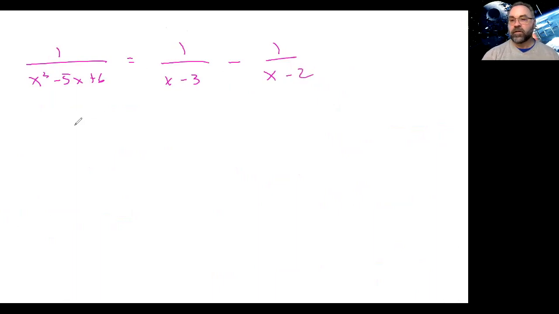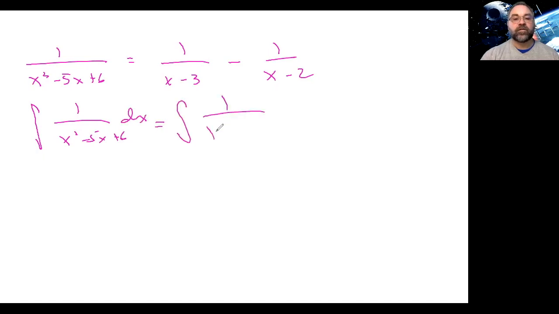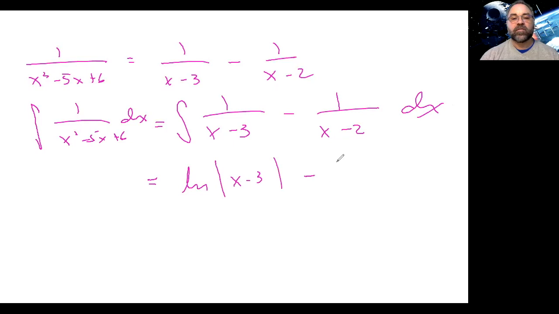Wouldn't that be a lot easier to integrate? If we could take that fraction and decompose it into these two, gosh, that's a whole lot easier to integrate, right? Those are both just u prime over u's. So this is going to be the natural log of x minus 3 minus the natural log of x minus 2.